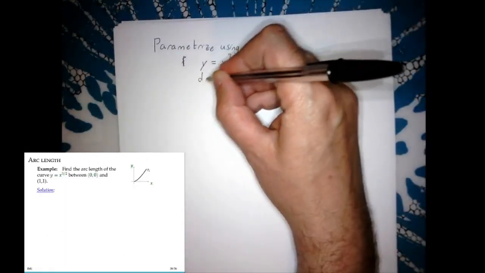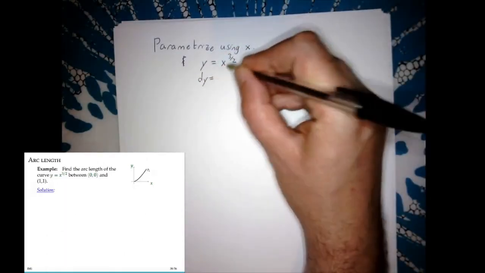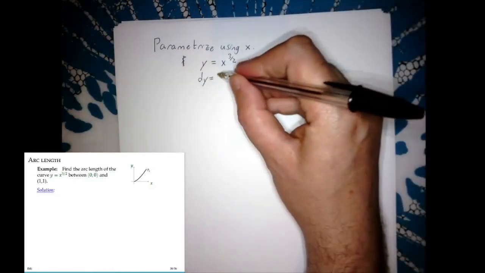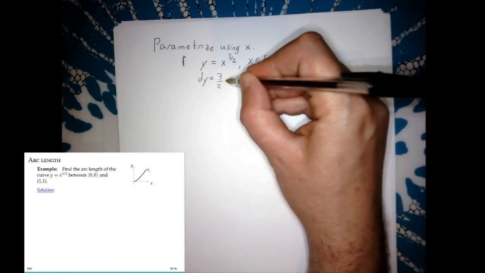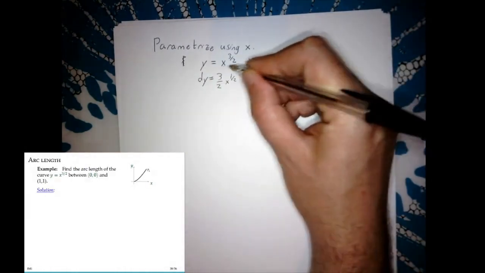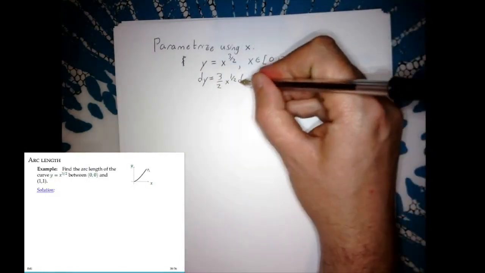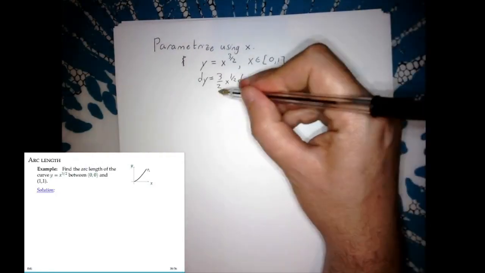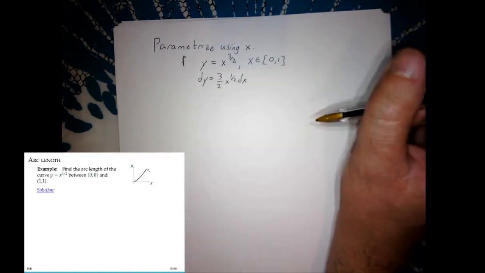We need to know what dy is. Dy, just like in the other case when we were doing differential forms, is 3/2 x to the 1/2 dx. That's the derivative of x to the 3/2 times dx. So this is y prime dx, or dy/dx dx.